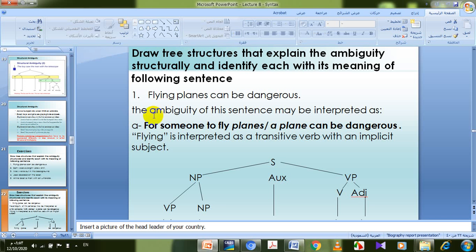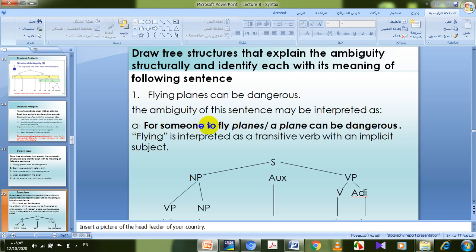So the ambiguity of this sentence may be interpreted as for someone to fly planes, or planes that fly can be dangerous. So it is a verb. What is the subject? The subject is implicit, ضمني.